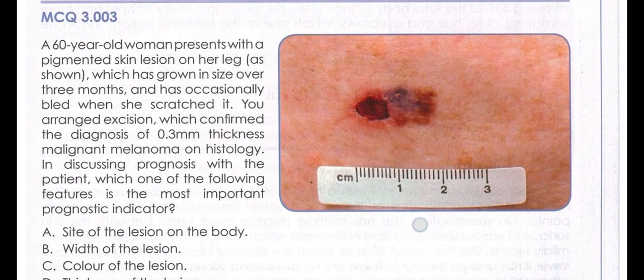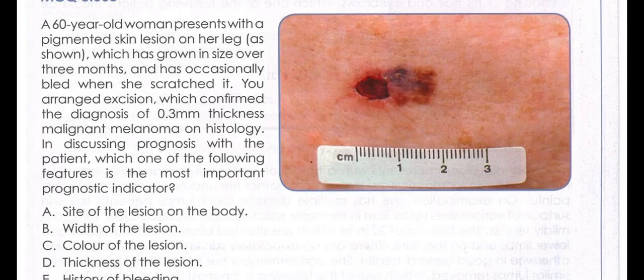Our next picture: a 60-year-old woman presents with a pigmented skin lesion on her leg, as shown here, which has grown in size over 3 months and has occasionally bled when she scratched it. You arrange excision, which confirms the diagnosis of 0.3 mm thickness.